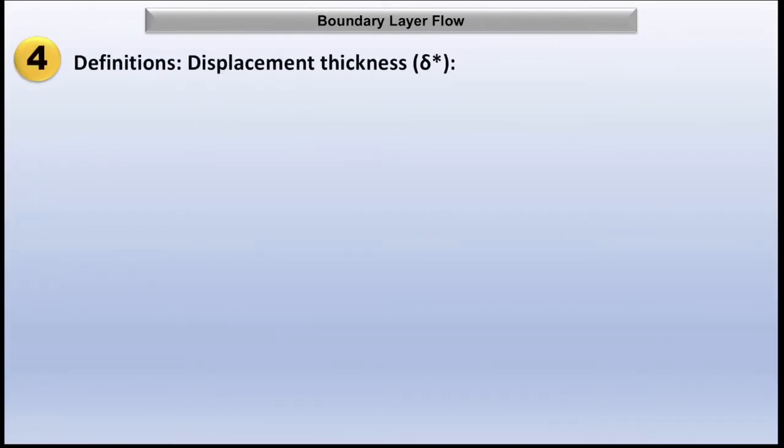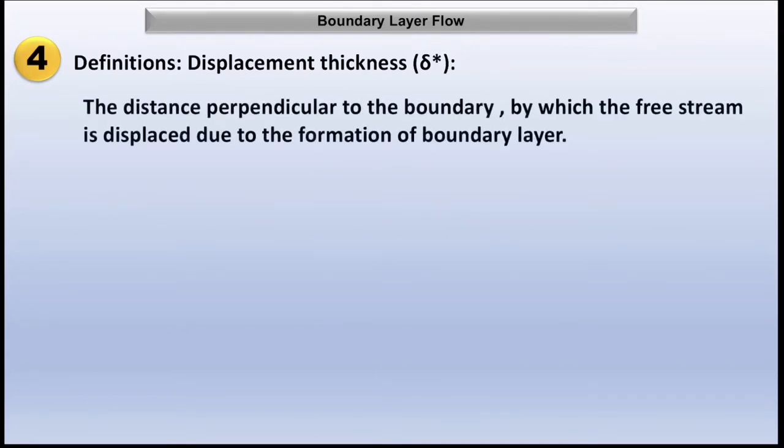Now we are going to see the term called displacement thickness. This is a part of the boundary layer theory. The definition of displacement thickness is the distance perpendicular to the boundary by which the free stream is displaced due to the formation of the boundary layer, and it is denoted by delta star.